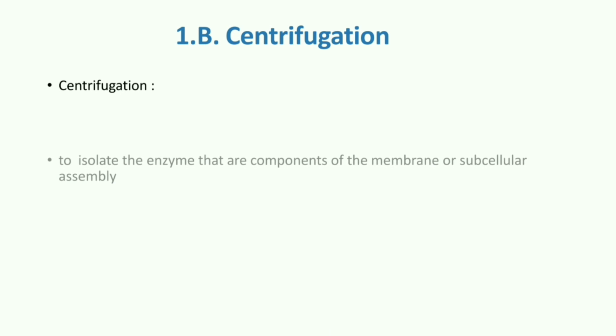A substitute to homogenization is centrifugation. In centrifugation, one can isolate the enzyme components and separate them from the membranous cellular and subcellular assembly by subjecting it to rotation under high speed.